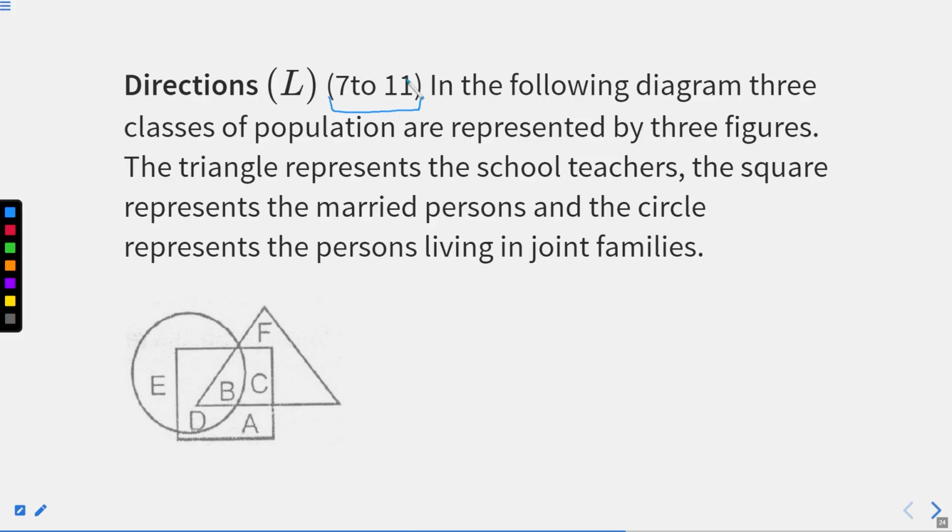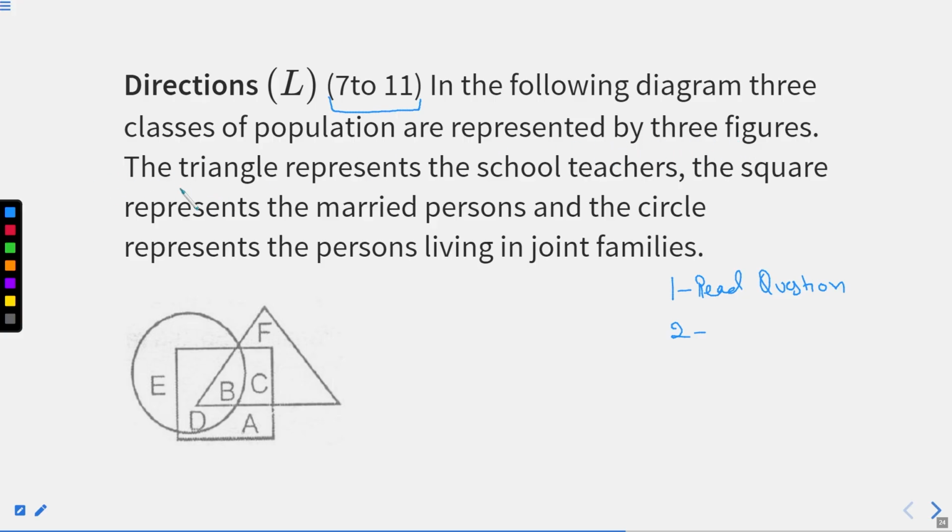So the first thing is to read. I will write it here itself, right? The first thing is read the question. Second thing: in the following diagram, three classes of population are represented by three figures.